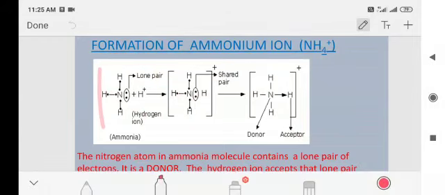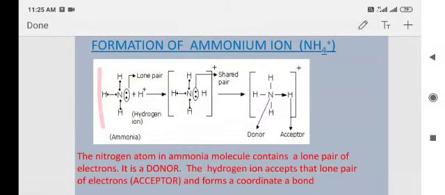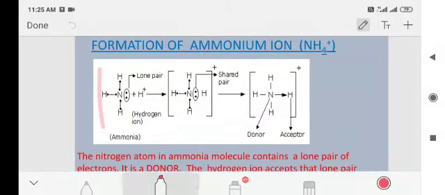Here is a structure. The structure is very clearly given here. In this structure, you will find one covalent bond here, another covalent bond, a third one, NH3, and this NH3 has a lone pair here, and it is going to combine with H+, and H+ does not have a single electron.